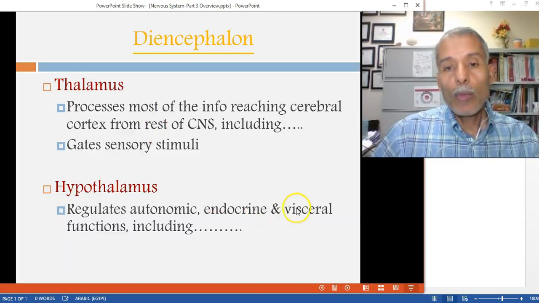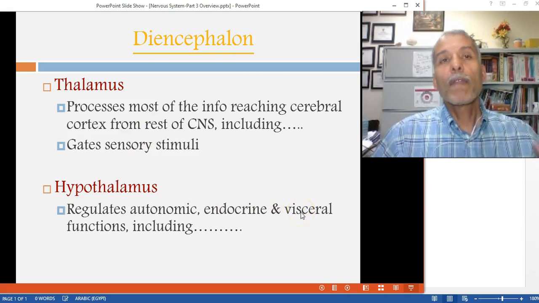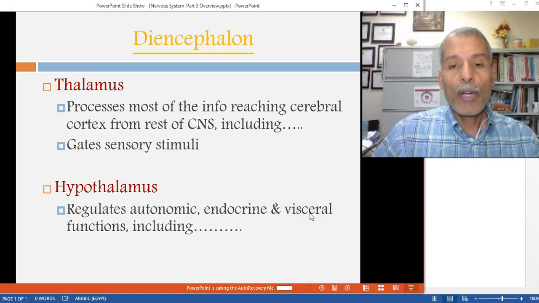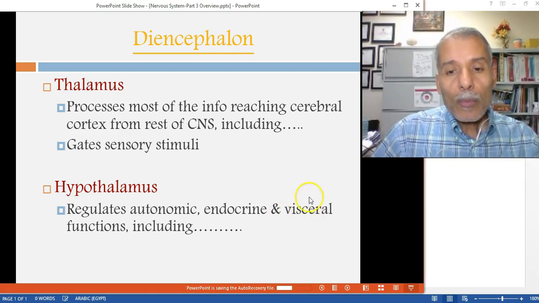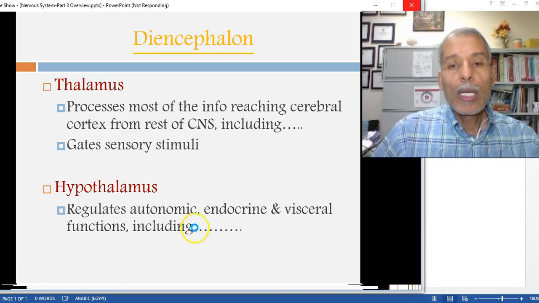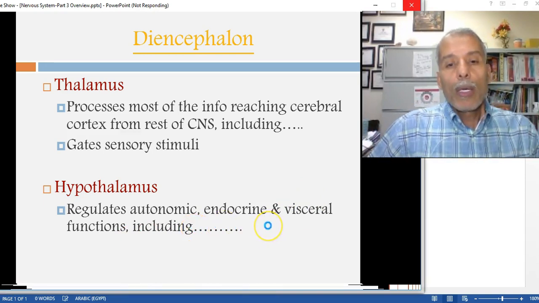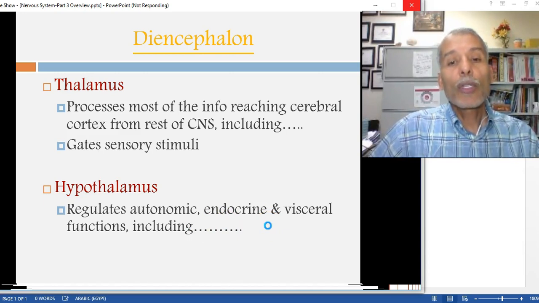So it enables us also to regulate visceral functions. Of course, it works with other areas in the brain to regulate visceral functions inside the trunk. These include digestion, for example.